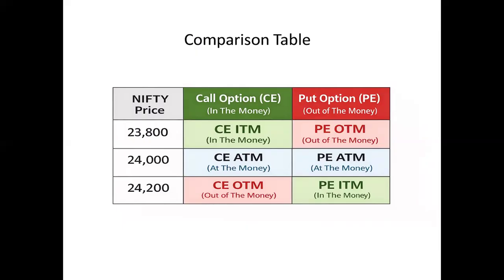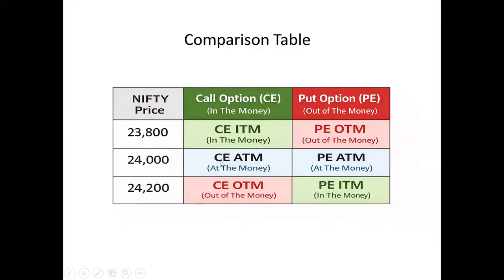But how is it different for the in the money call option and in the money put option, the out of the money call option and the out of the money put option, for the same strike price? First, I'll explain through the call option.